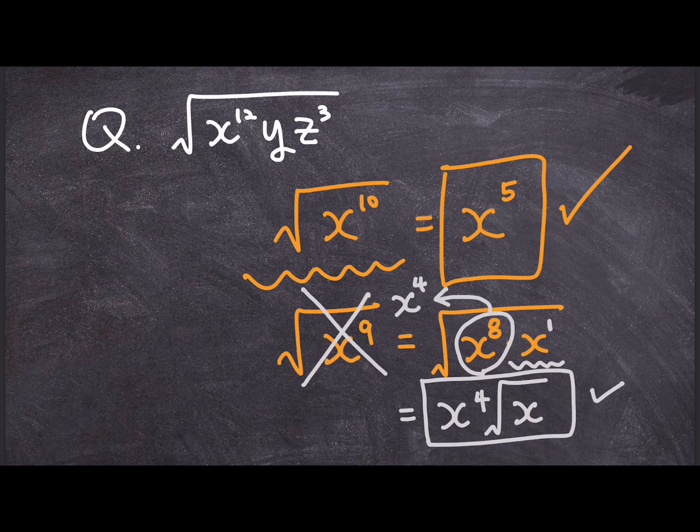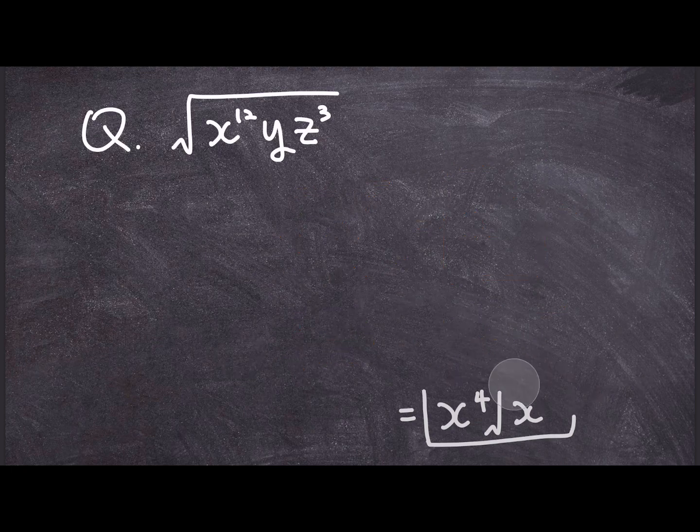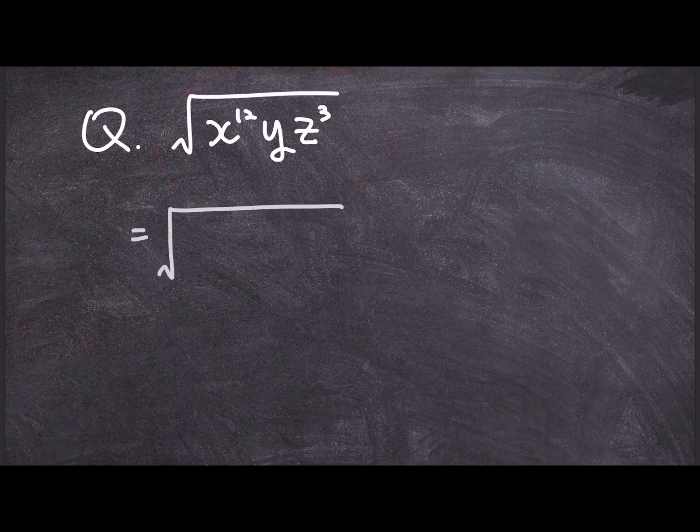All right, with this rule, let's go ahead and simplify this expression right here. Now, square root of x to the power of 12, because 12 is an even number, it's great.